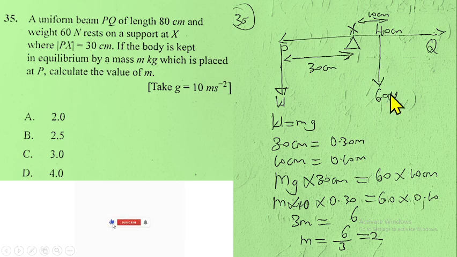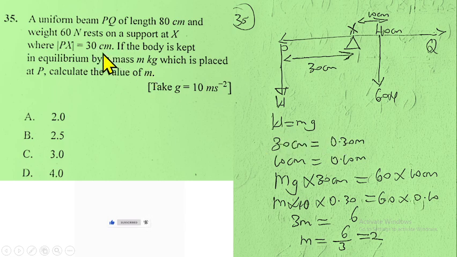Now from there, we know that the anticlockwise moment should be equal to the clockwise moment. We are given the acceleration due to gravity in meters, but the lengths are given to us in centimeter as well.